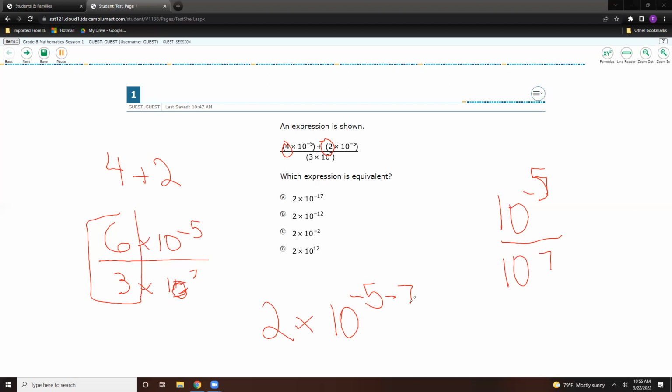So if I owe you 5 and I owe you 7, from 2 different locations, I owe you 12. So this is 2 times 10 to the negative 12. And that should be my choice.